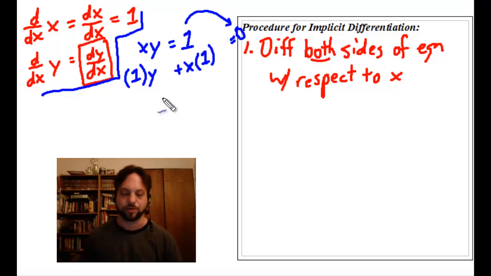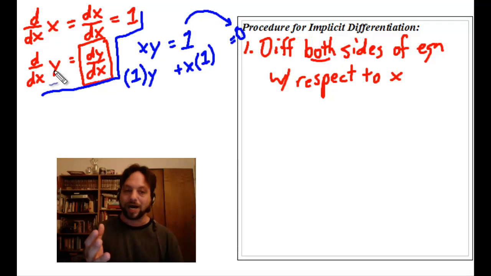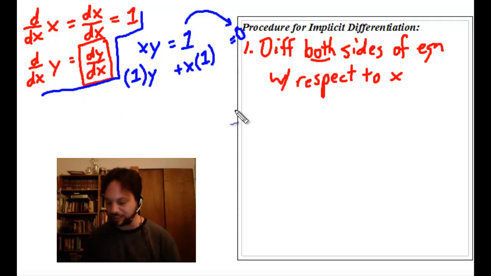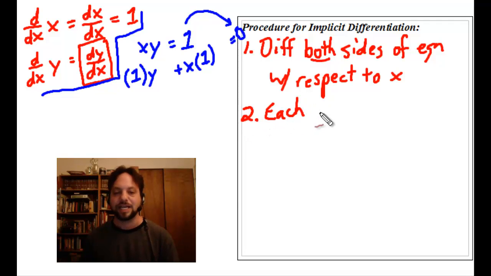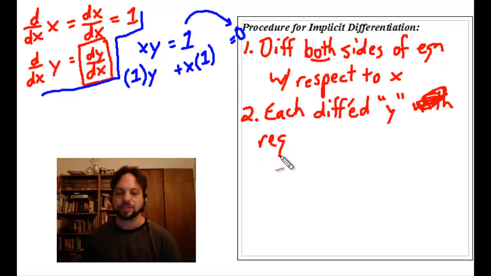Now, here's where the problem is going to come in. Remember when we differentiated x, that was all fine and dandy, no problem, because we're differentiating with respect to x. But when we differentiate y, that is not so clean and easy. So that's going to bring us to step number 2 of this procedure. It's going to say that each differentiated y requires a dy dx, and that's because of the chain rule.